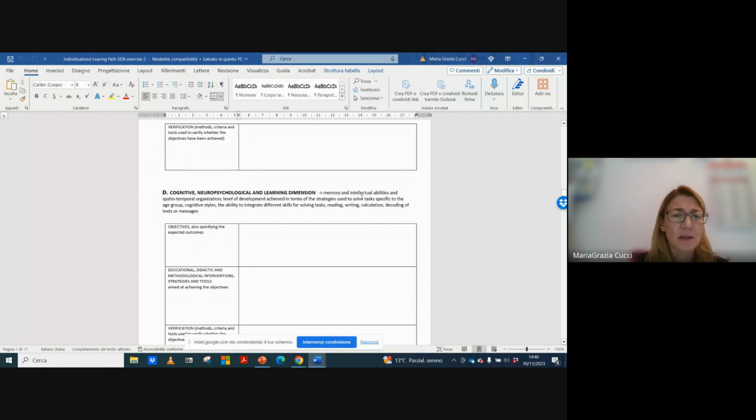Then the last very big dimension that we have to check is the cognitive dimension, the capability of the student to learn, and in which way, starting from memory and intellectual abilities. Very important is the organization of space and time.